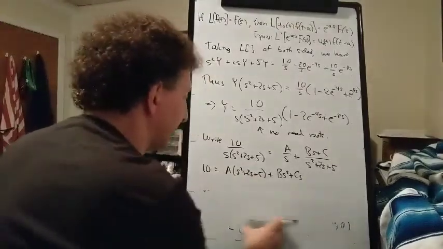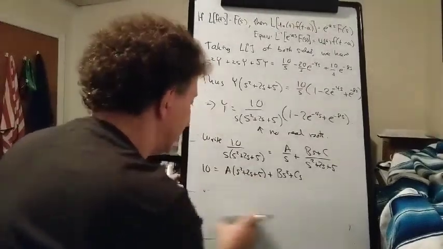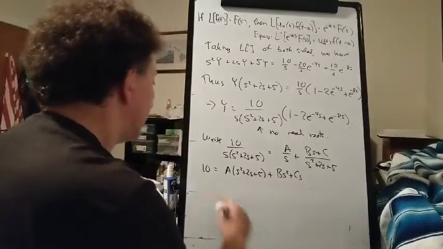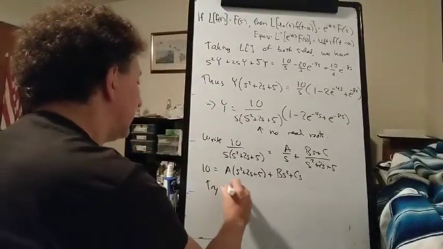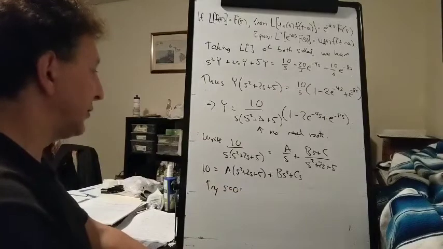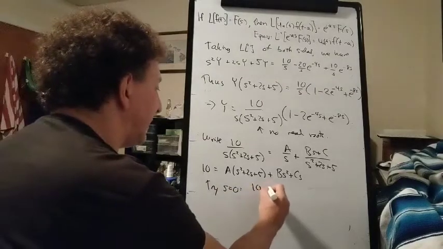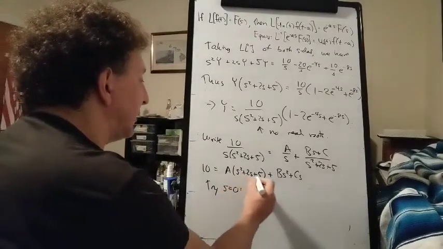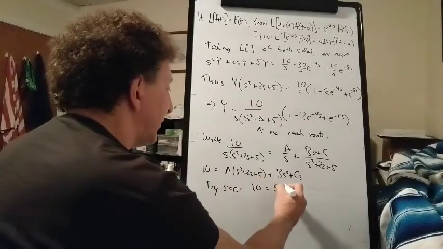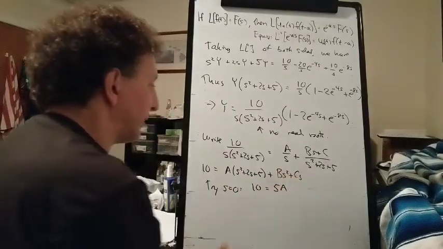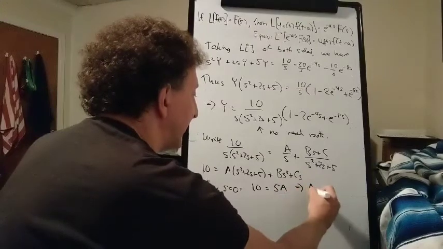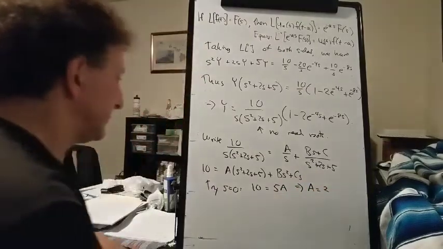Now what would be good to plug in? Well, I guess 0. So if we try s equals 0, then on the left hand side we have 10 equals a times 5, 5a plus 0 plus 0. So that tells us that a equals 2.